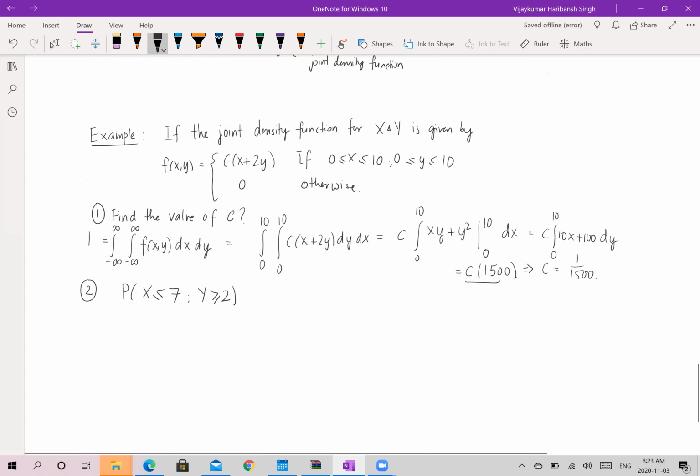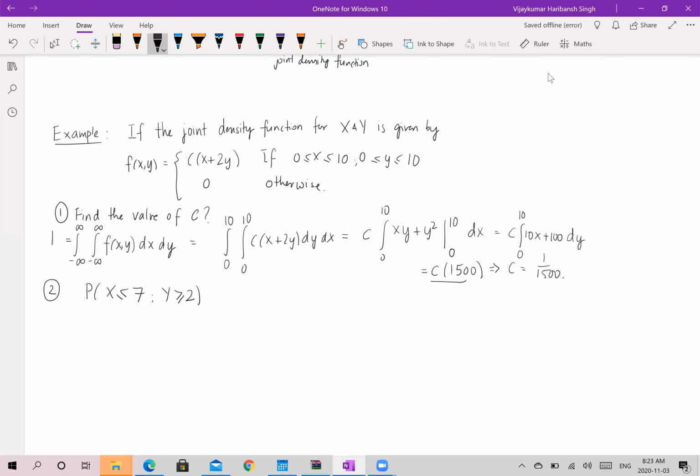Okay, so now we can work this out. What is the probability that x is less than or equal to 7 and y is greater than or equal to 2? It is the integral with x from minus infinity to 7 and y from 2 to infinity of f of xy dy dx. This is going to be x from 0 to 7, and y from 2 to 10, since outside this it's going to be 0.